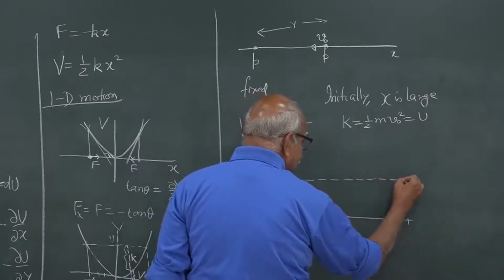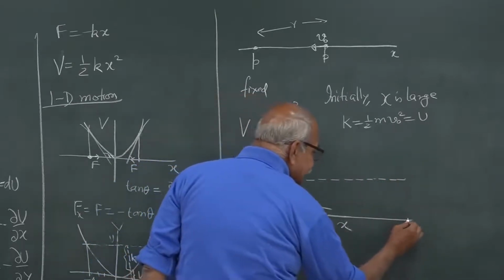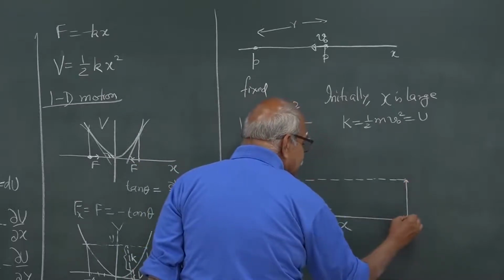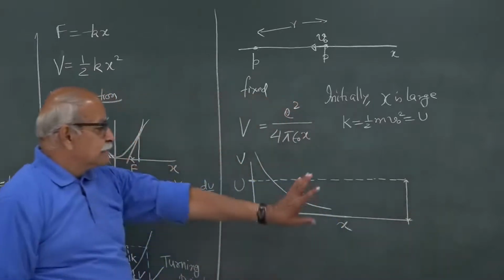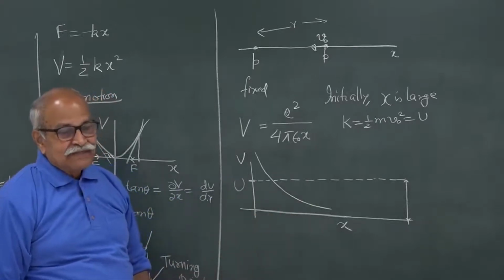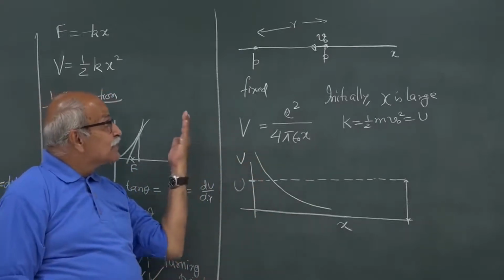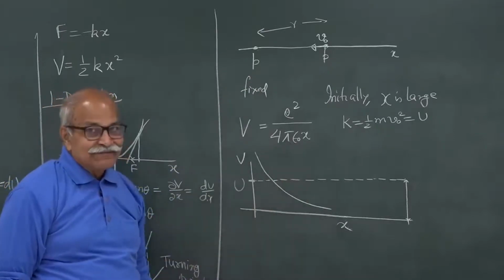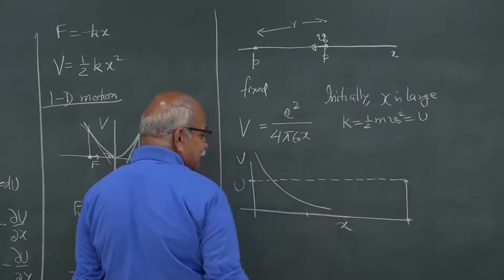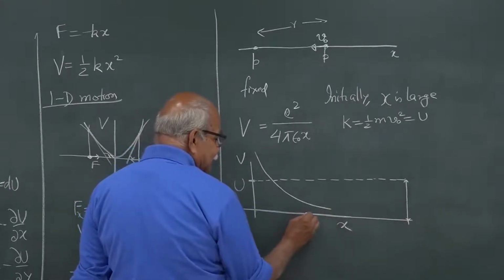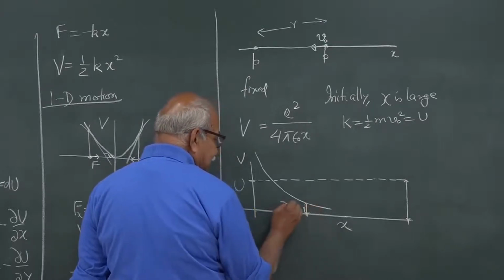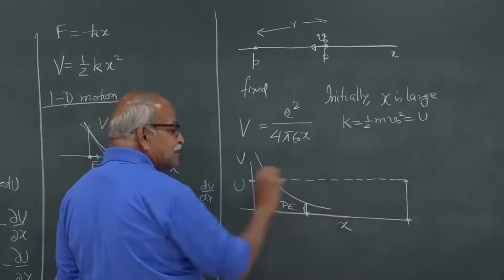If the particle is here, the potential energy is almost 0, so this much is the kinetic energy and also the total mechanical energy. Now the particle is coming towards this proton, so x is decreasing. Suppose it has come here. When the particle is here, this is the potential energy, that is the curve I have drawn, potential energy versus x.